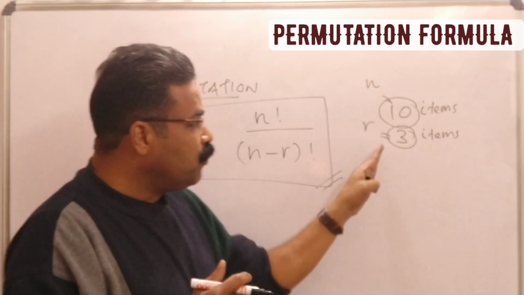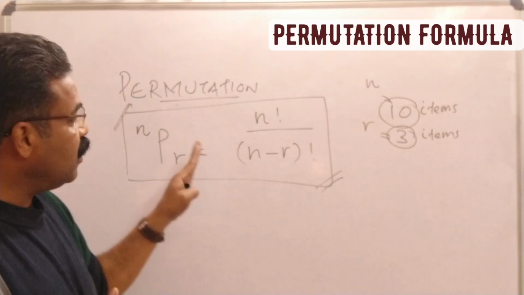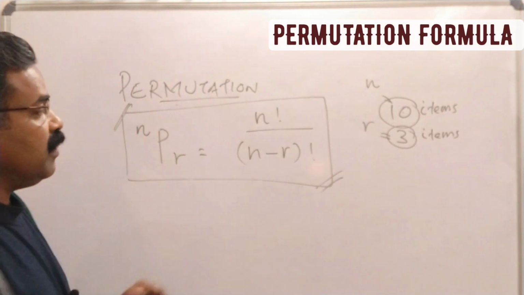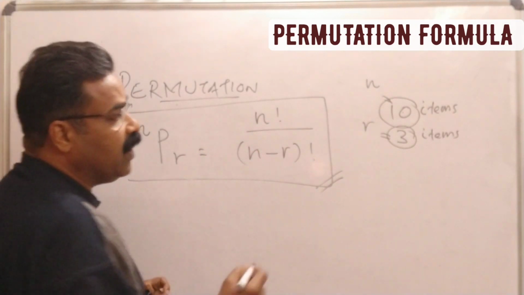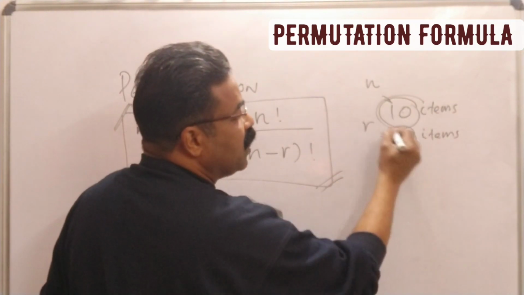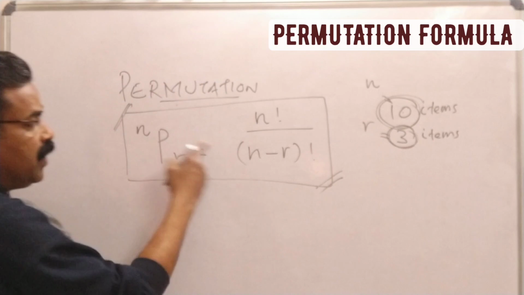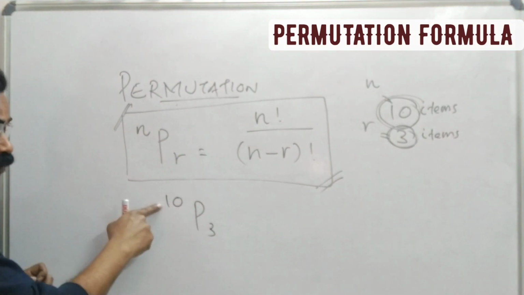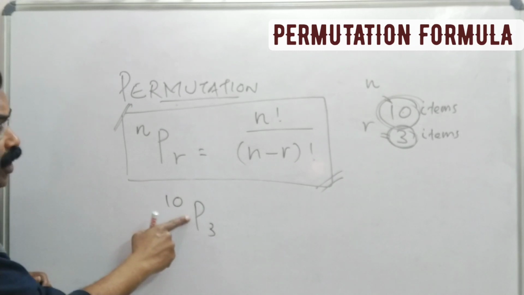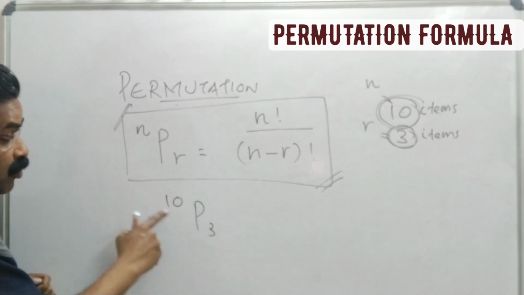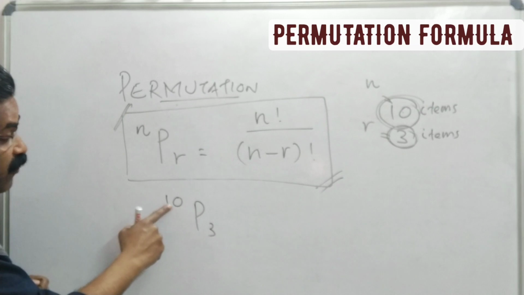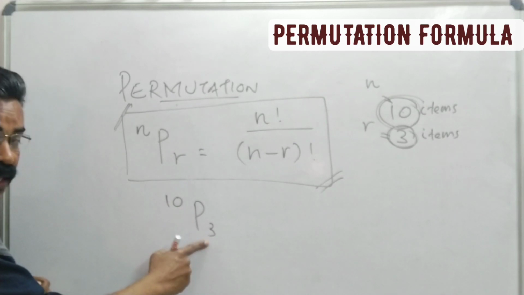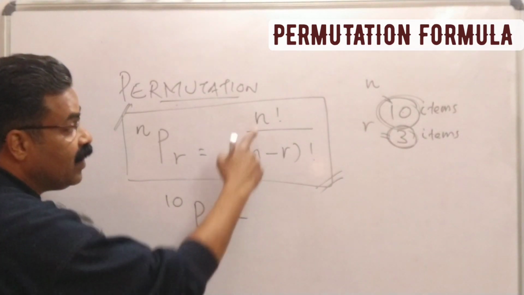So this way, when you put it in the formula, that formula is the permutation formula. Very, very important. For example, suppose there are 10 items and we take 3. So nPr comes 10P3. Out of 10, you are finding out the permutation of 3 at a time. So you will get the formula n factorial.